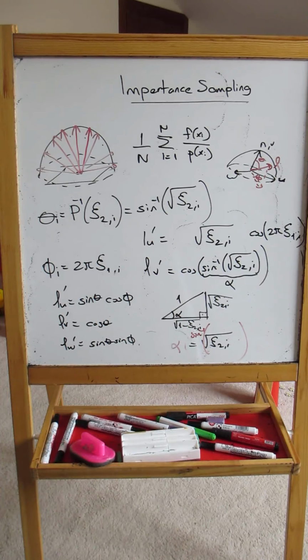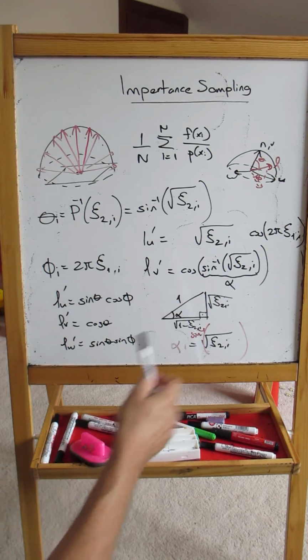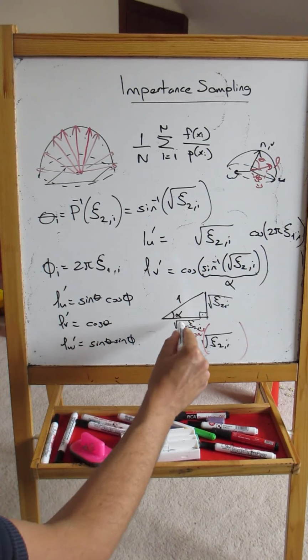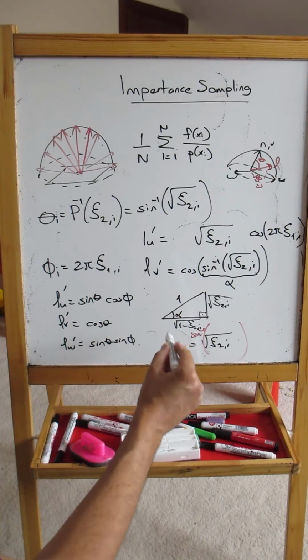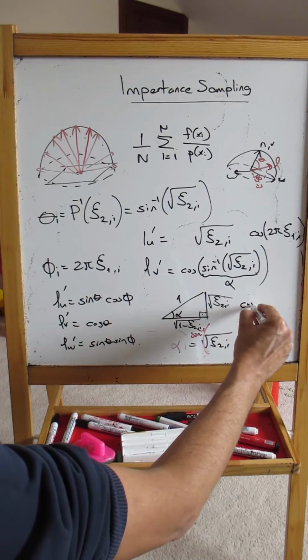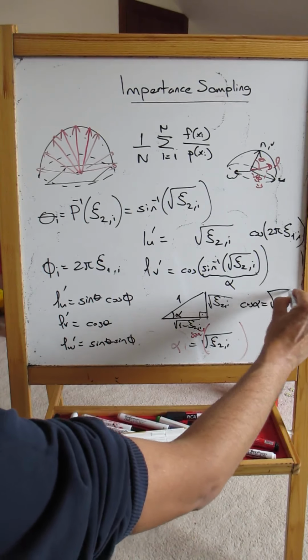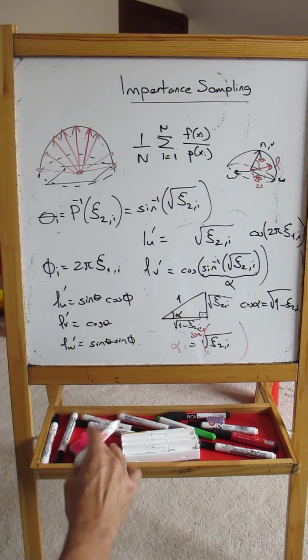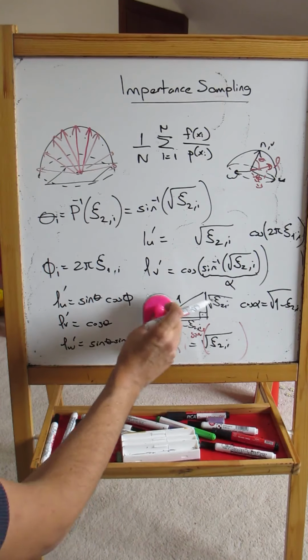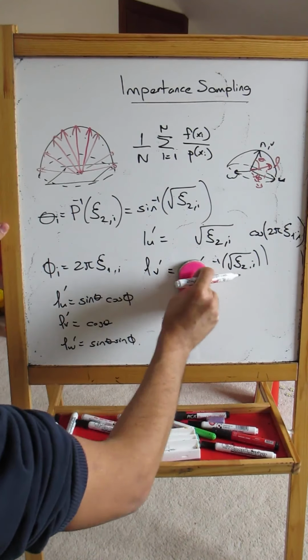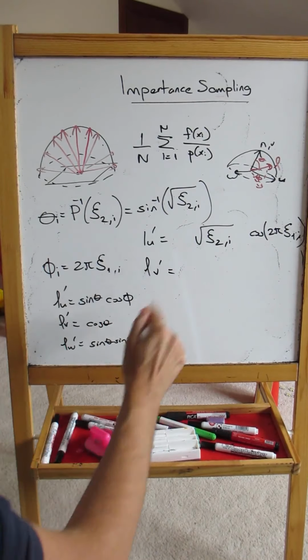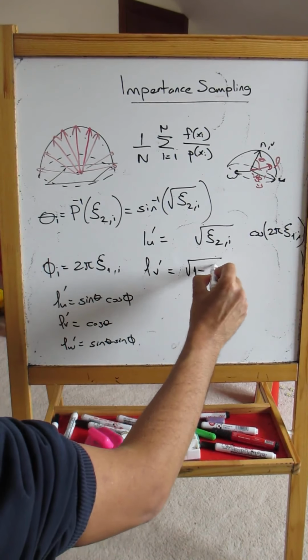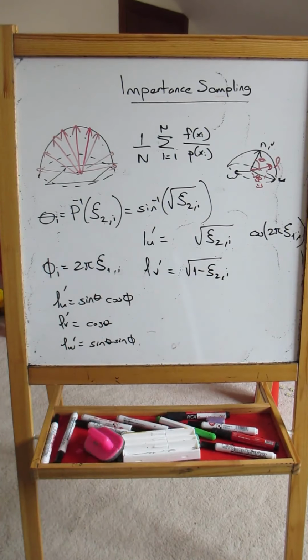So we are finding cos alpha. Then what is cos alpha from this geometry? Cos alpha is equal to the square root of 1 minus chi 2i. Okay, so for simplification, we can clean all of this and write the square root of 1 minus chi 2i.